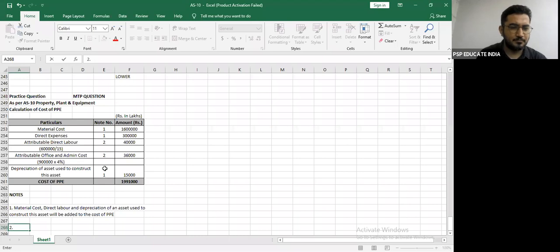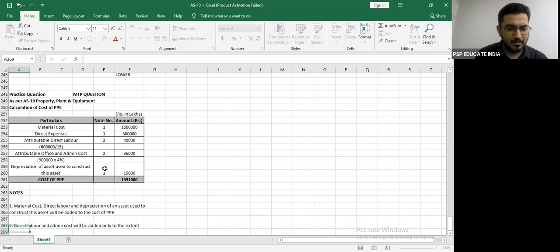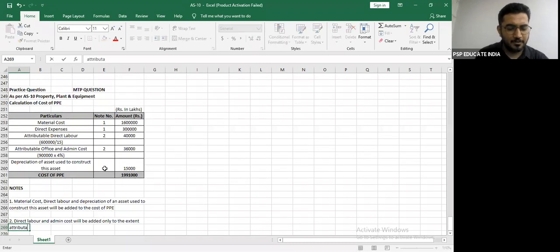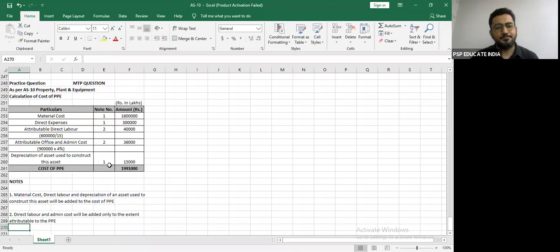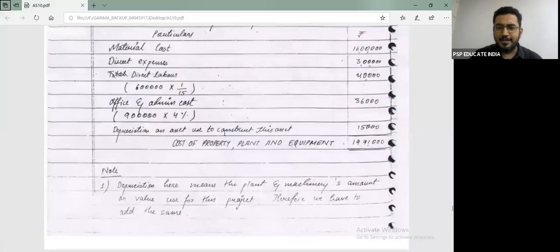Second, direct labor and admin cost will be added only to the extent attributable to the property, plant and equipment. Right, you get 19 lakh 91,000.